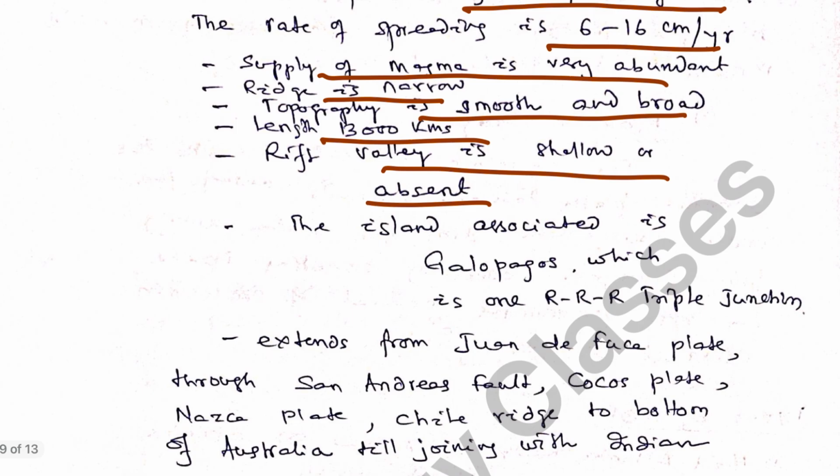When this rift valley is prominently present in the case of the Mid-Atlantic Ridge, the islands associated with the East Pacific Rise are Galapagos, which form a ridge type of triple junction.